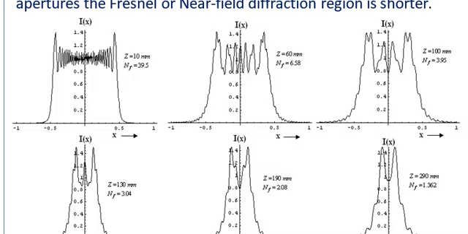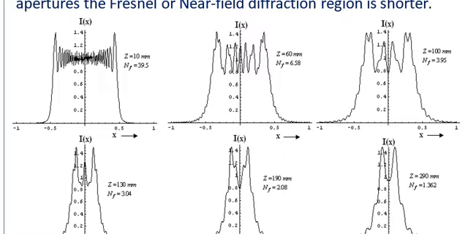So look at these plots. In the first plot, z is equal to 10 millimeter and the NF value is 39.5. So it means that at z equal to 10 millimeter we are very close to the aperture. Look at these variations in the intensity. Very rapid fluctuations in the intensity can be noticed.